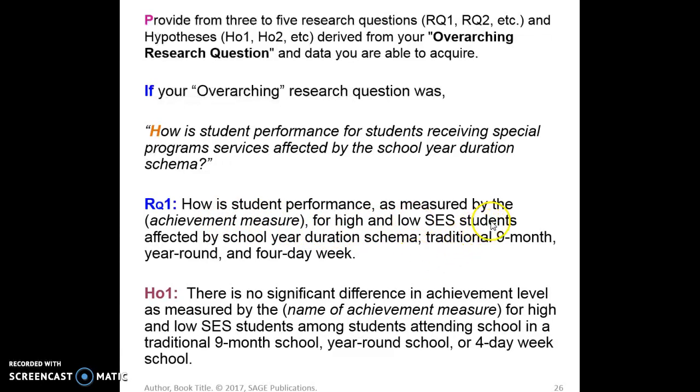Well, we can do that by a free and reduced lunch rate, or the state probably has a level for that. Affected by school year duration schema. In other words, the traditional 9-month school, the year-round school, and the 4-day week school.